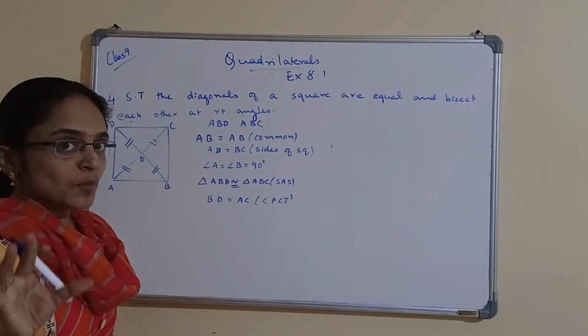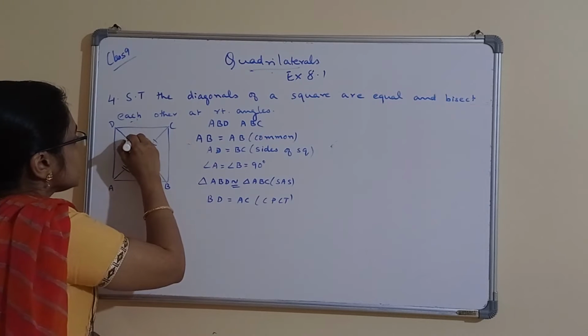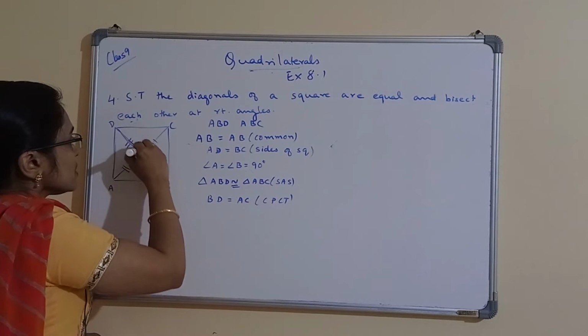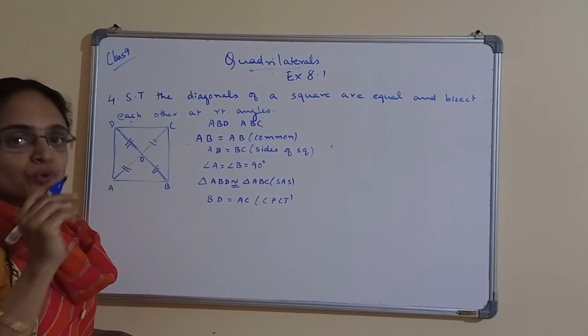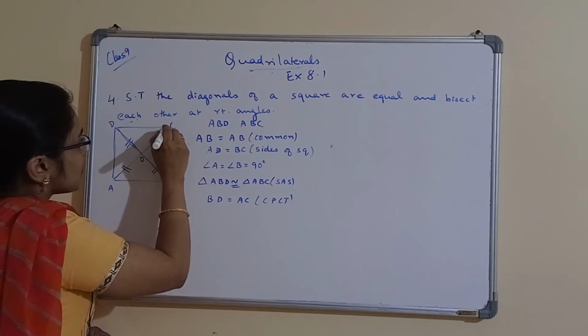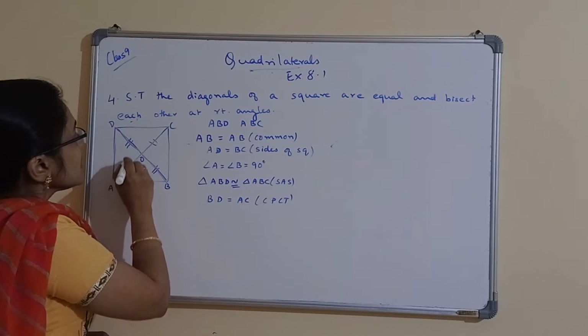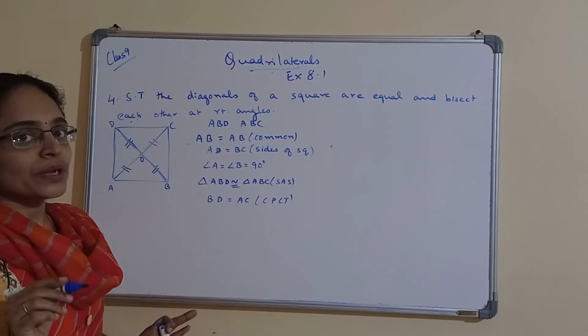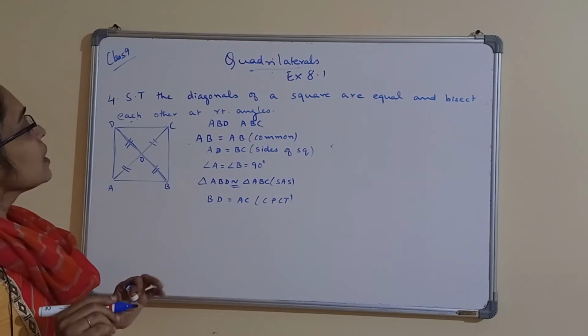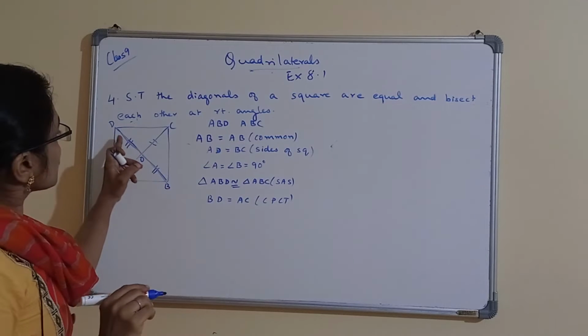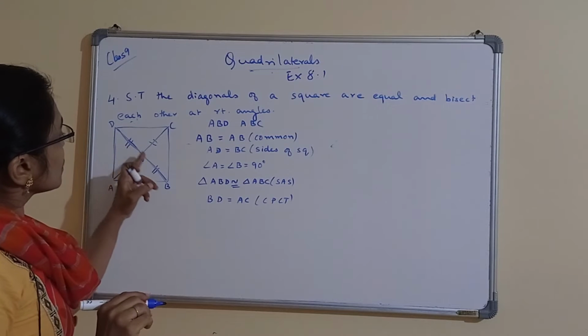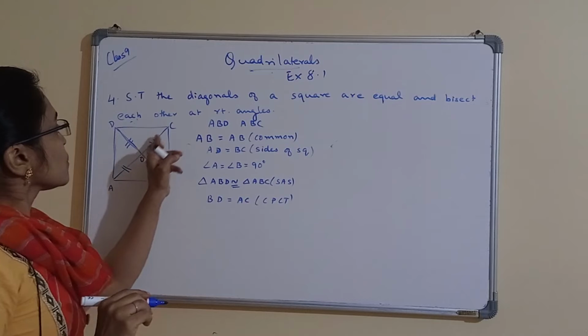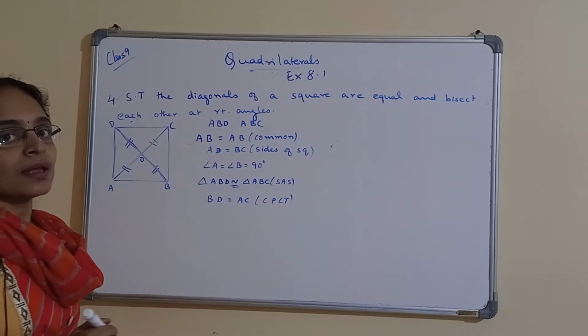What is the meaning of bisect each other? It means that this diagonal cuts the other diagonal into two equal halves and vice versa. So for that we have to prove that OD is equal to OB and OC is equal to OA.